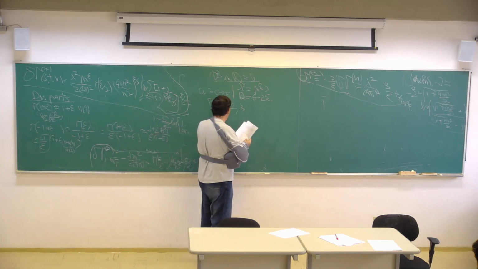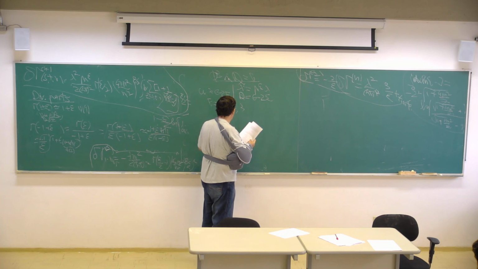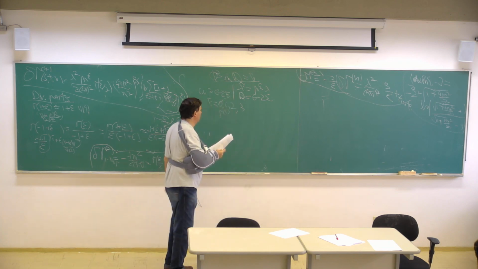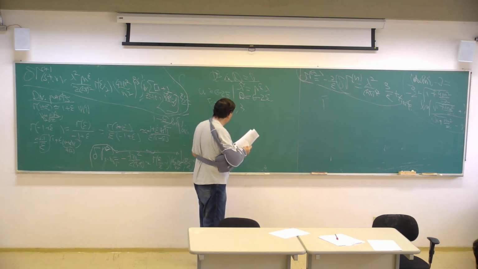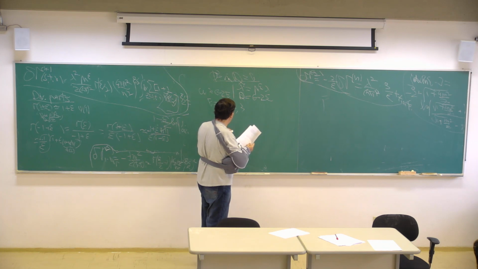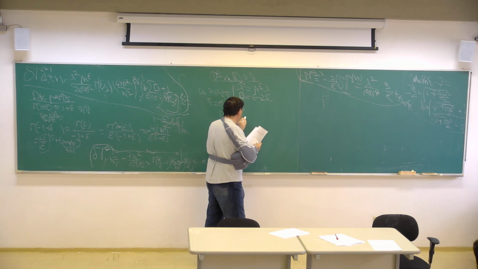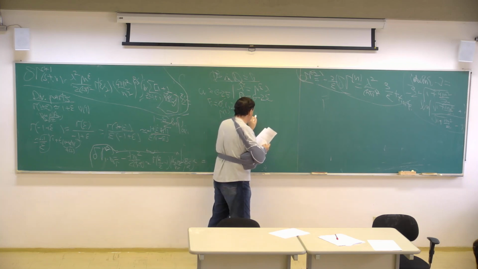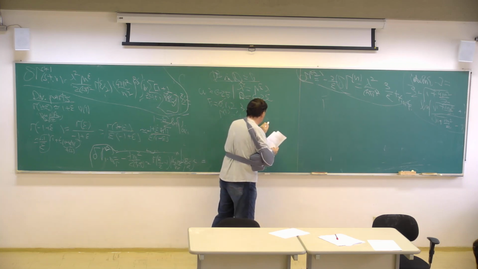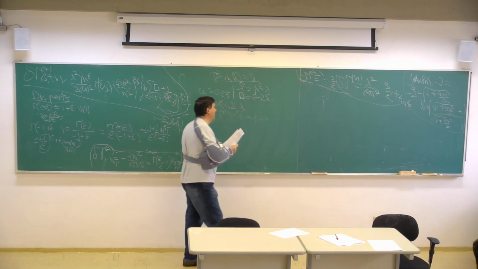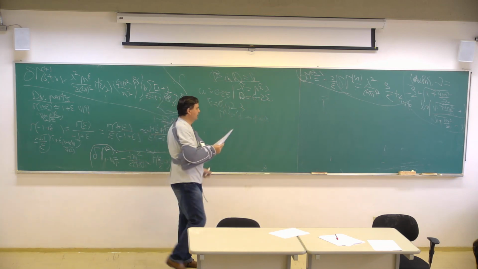And then gamma 1 is non-zero, but this actually just refers to a shift. In this case, you can check that it refers to just a shift into the value of phi.